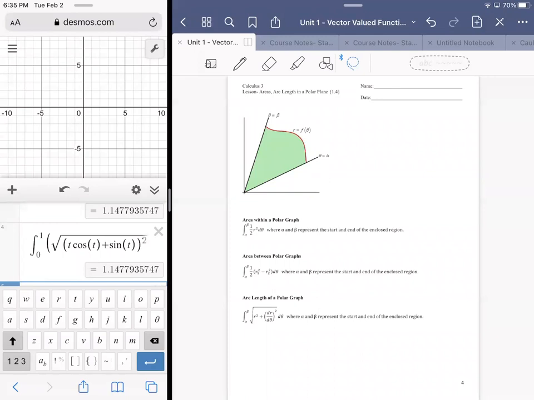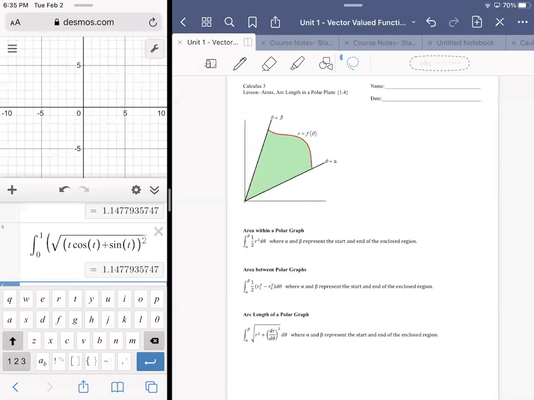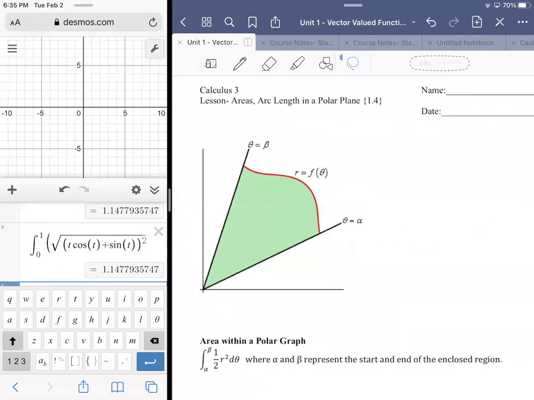We can find volumes if we expand it into a third dimension. We'll get there, but for now we're just living with plane regions. So it begs the question, how does this connect with polar coordinates? And it's not too bad. It takes a little doing, but it's not too bad.